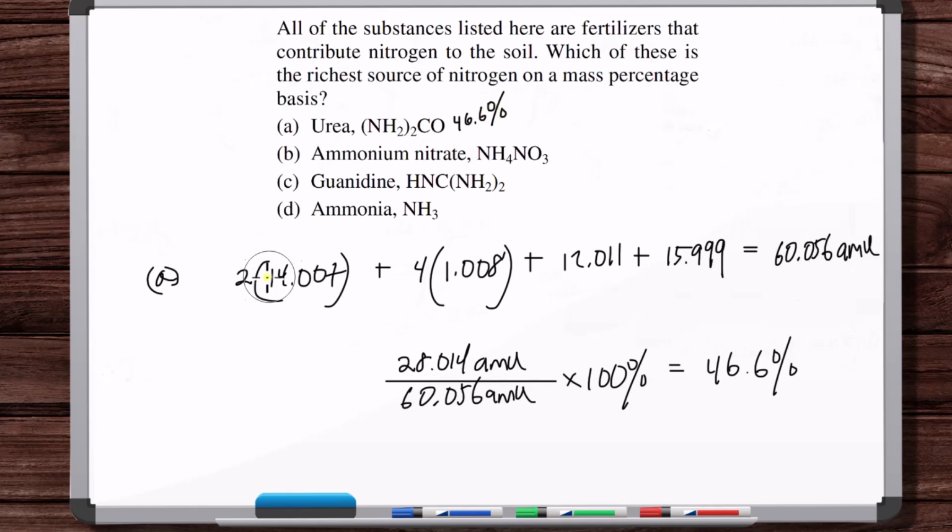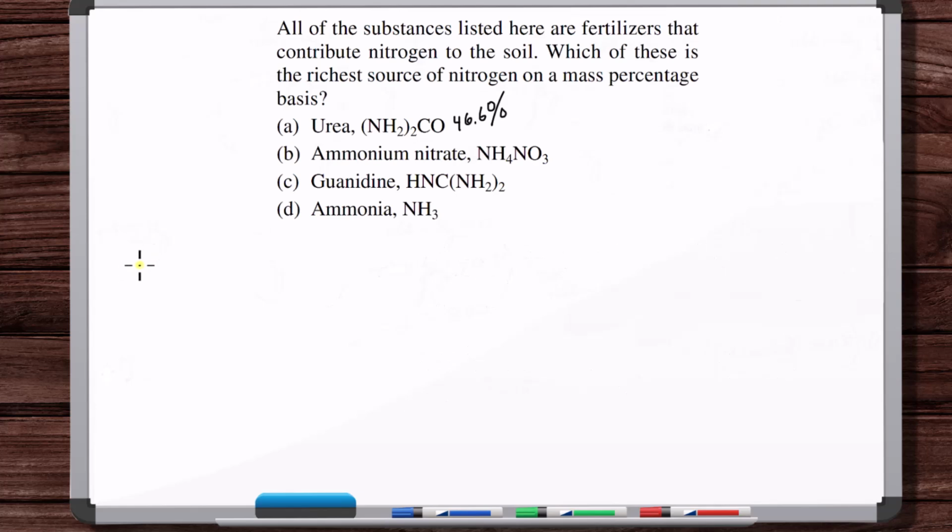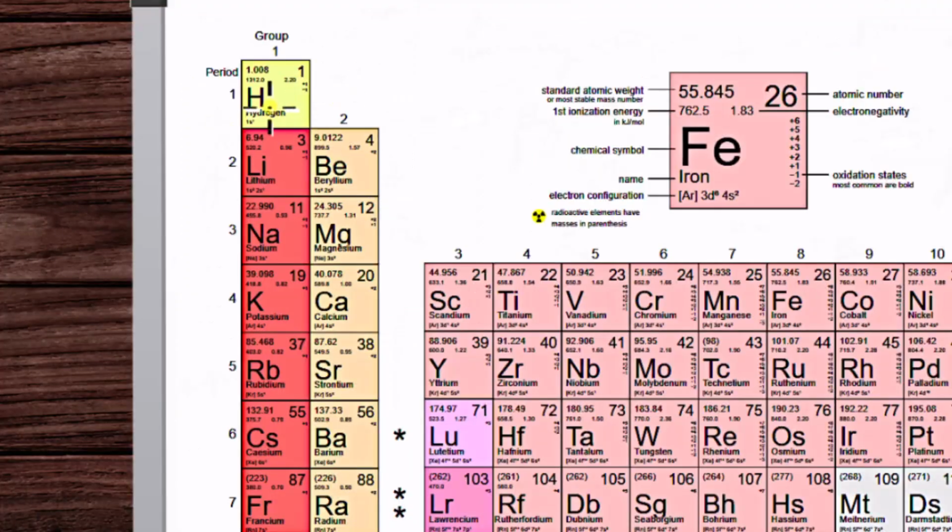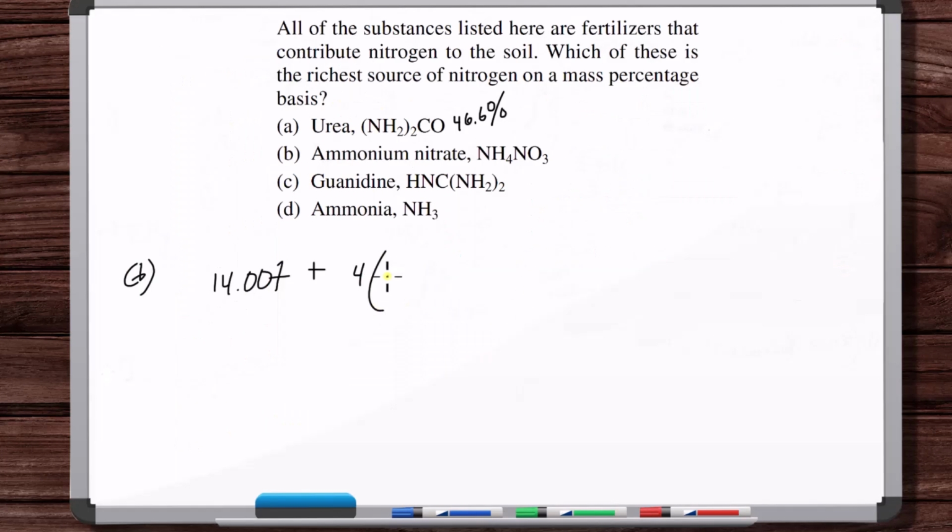So now we want to go through this same process for these other compounds. Okay, ammonium nitrate, NH4NO3. Oh, no, we've got 2 nitrogens, 14.007 each, plus 4 hydrogens at 1.008, and then 3 oxygens at 15.999.